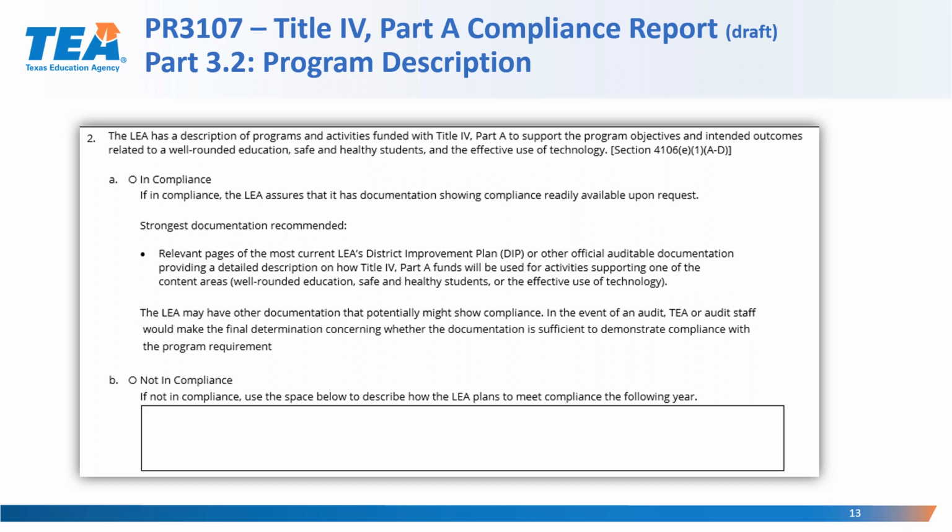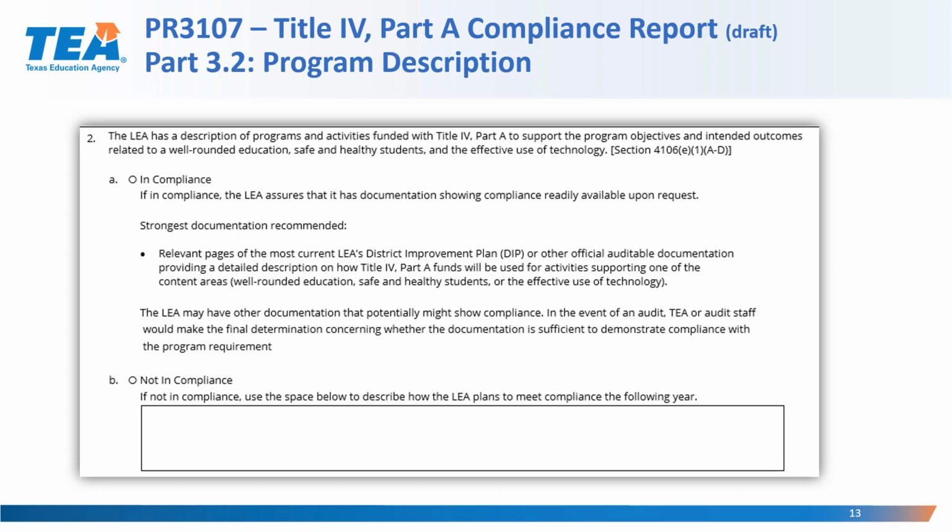An example for strongest documentation recommended are relevant pages of the most current LEA's District Improvement Plan or other auditable documentation providing a detailed description on how the Title IV Part A funds will be used for activities supporting one of the content areas, well-rounded education, safe and healthy students, or the effective use of technology. The LEA may have other documentation that potentially might show compliance.